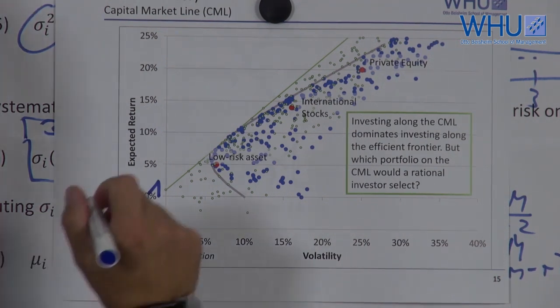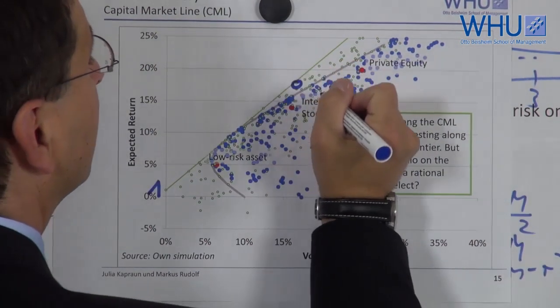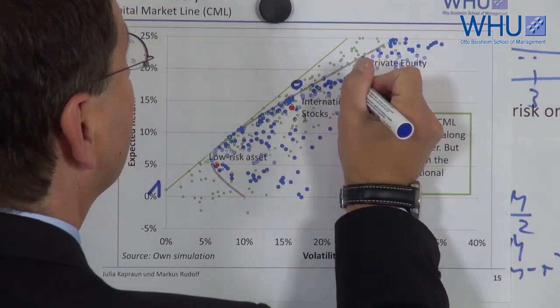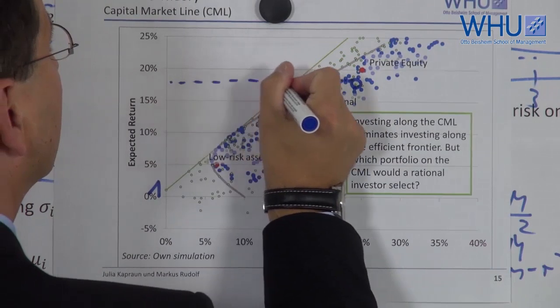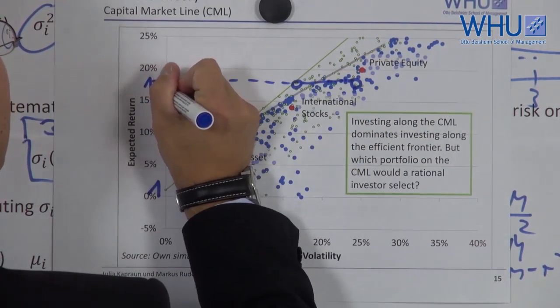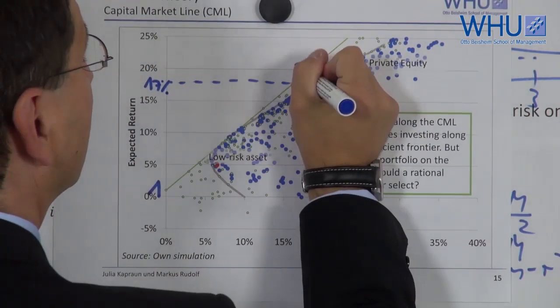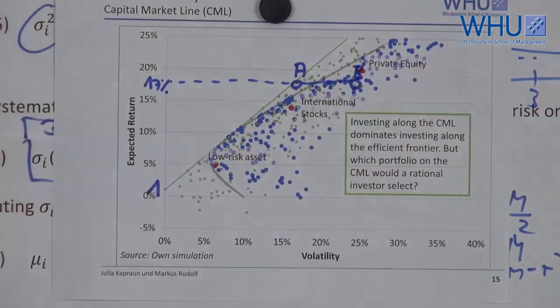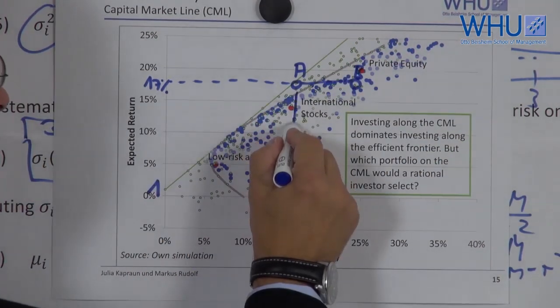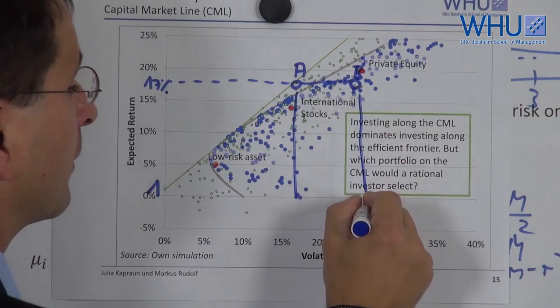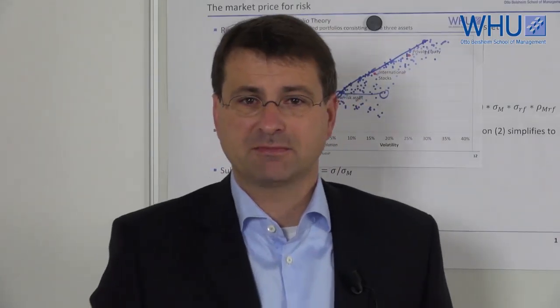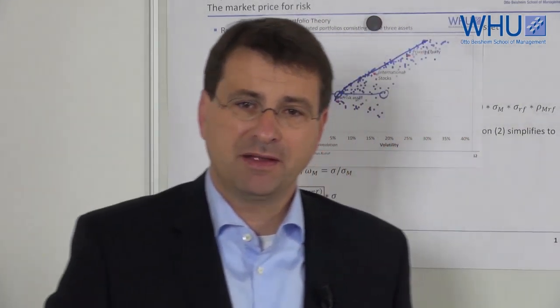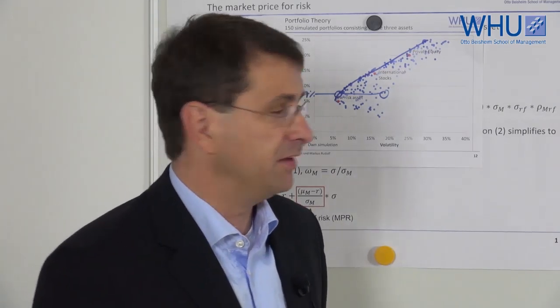Again, if you go to one of those points, this point here for instance, it has exactly the same expected return as the other point. So point A has the same expected return as point B, namely 17%, but point A obviously reveals a lower amount of risk than point B. Therefore point A dominates point B, because it has the same return but a lower risk in terms of volatility.